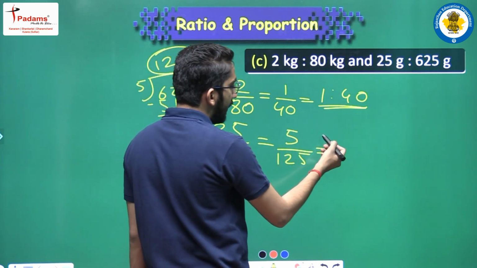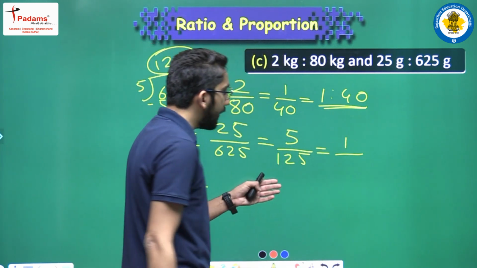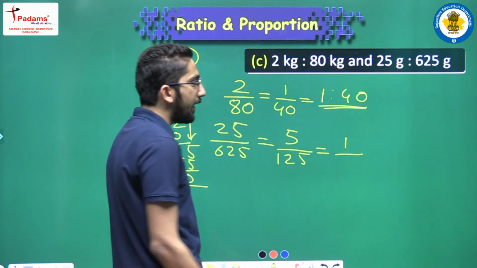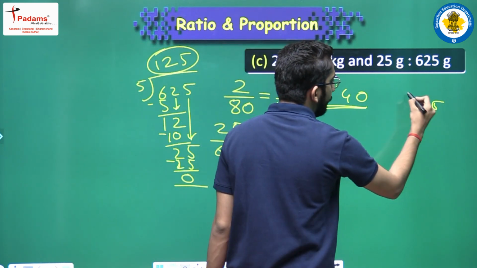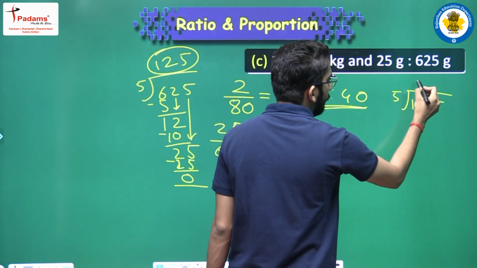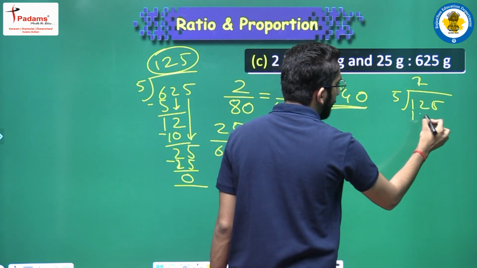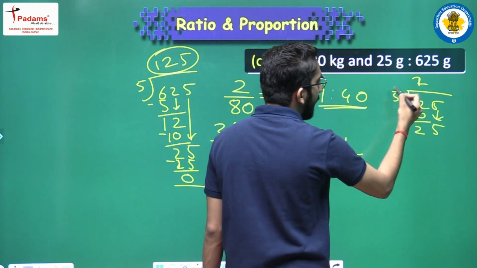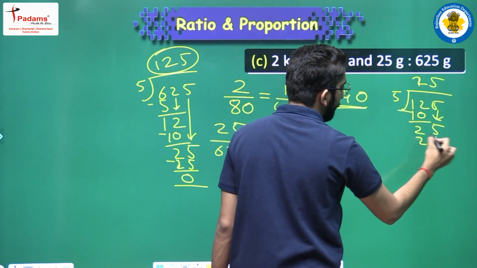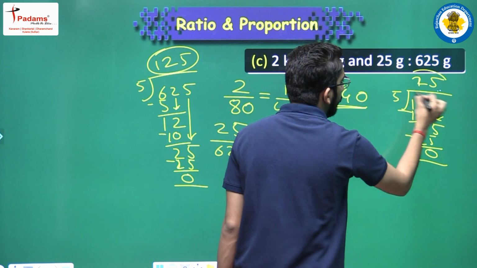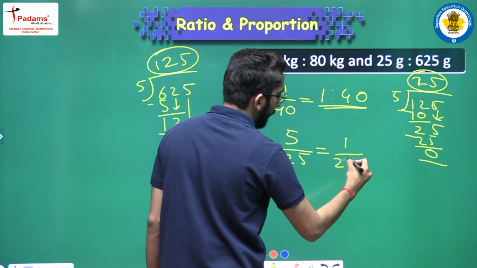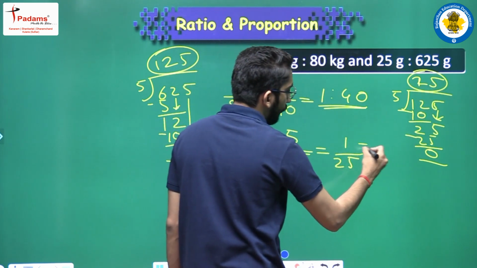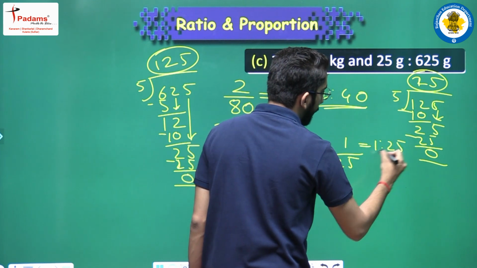So 5 divided by 5 will be 1, and 125 divided by 5, again you can check. 125 divided by 5. So 5 into 2 is 10. Remainder is 2. This 5 downwards, and 5 into 5 is 25. So the ratio is 1 is to 25.